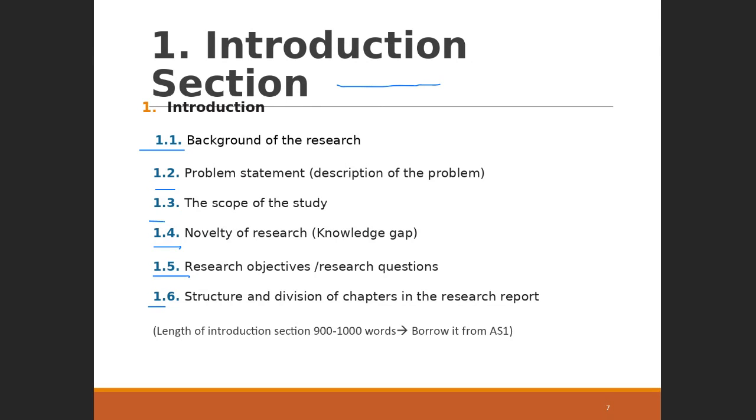Basically, you can borrow your introduction section from your assignment number one, which was focused on writing the introduction section of your research report. Now you can realize that all the things come together. Your assignment number two was focused on writing your literature review. Your assignment number three was focused on writing the methodology section.